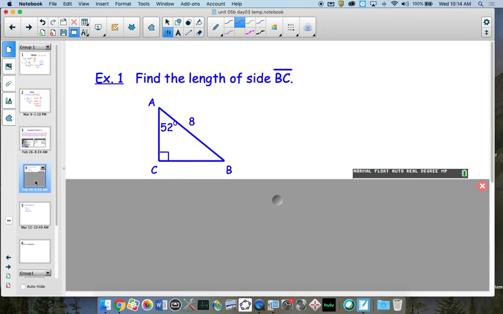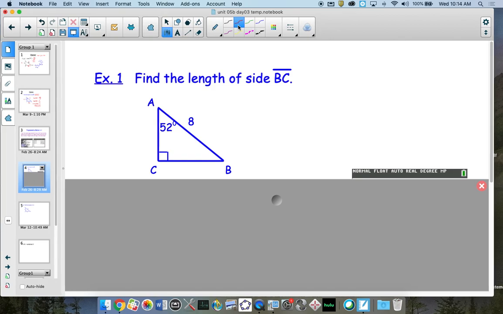All right, so let's try and use this idea to solve some parts of a triangle. So in this example, find the length of side BC. It's kind of like the last problem we did. So first of all, here's the angle we're dealing with. Label your sides: hypotenuse, opposite, adjacent.